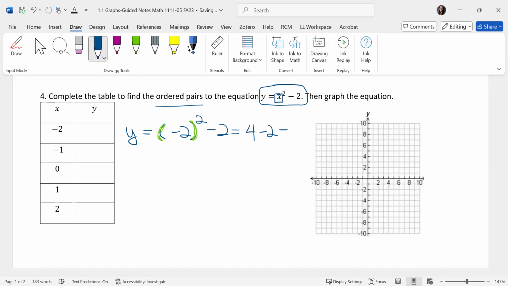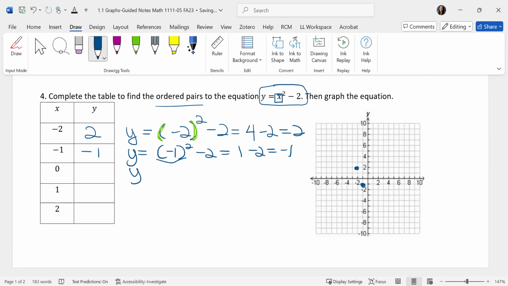And then 4 minus 2 is 2. So for x value -2, the associated y value is 2. So we can plot that at (-2, 2). I'm going to repeat by plugging in -1 and doing (-1)² - 2. -1 times -1 is +1, minus 2 is -1. So our second ordered pair is (-1, -1).